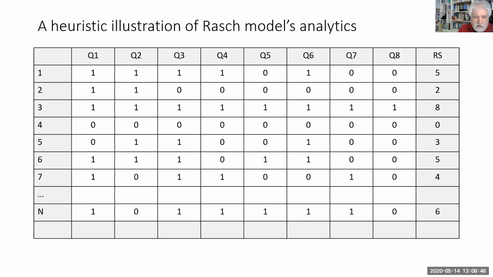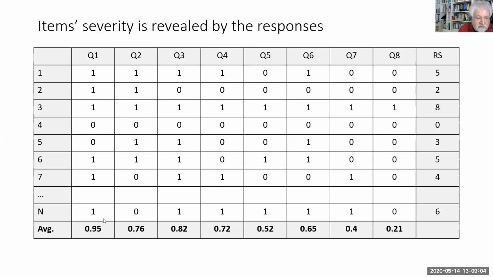And therefore, we said the first piece of analysis is we can rank the items in a candidate order of severity by looking at the percentage of responses to each question. So the first lesson is that we don't impose the severity level of the item a priori. We obtain the severity level of the item by analyzing the data.